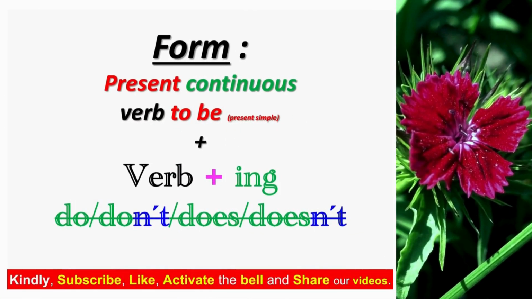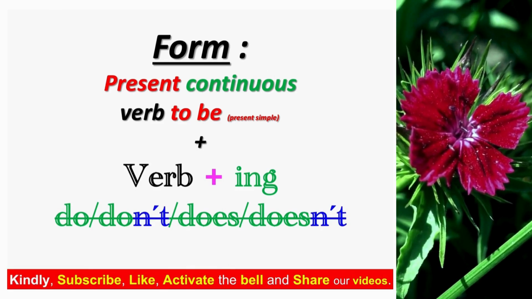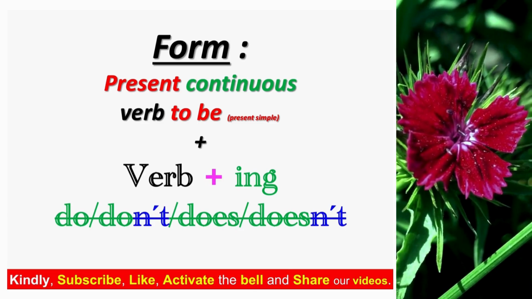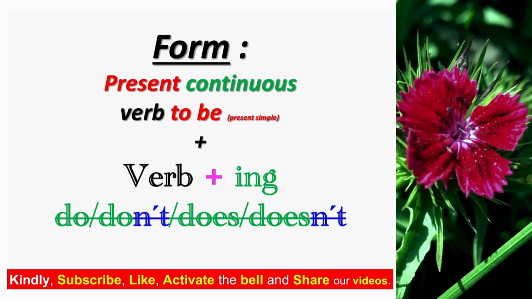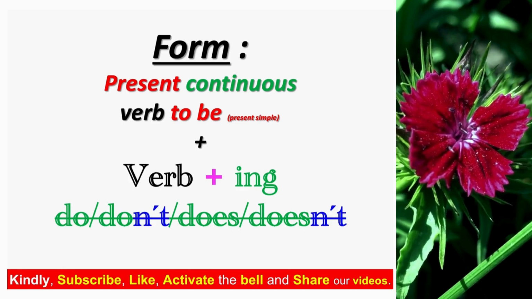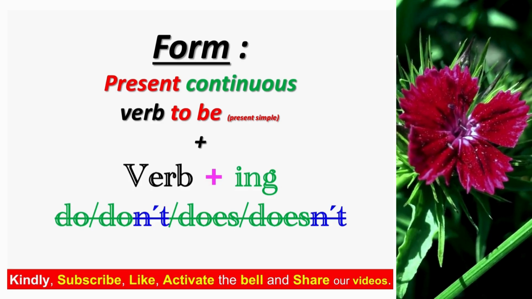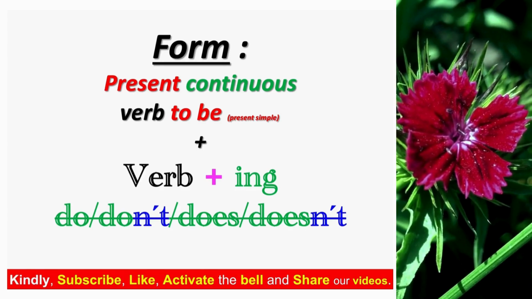The form of present continuous. So we studied present simple. In present simple, we have just one verb. I speak, I go, I eat. So just one verb. But remember, in present continuous, we have two verbs. So present continuous is verb to be in present simple plus verb plus ing.